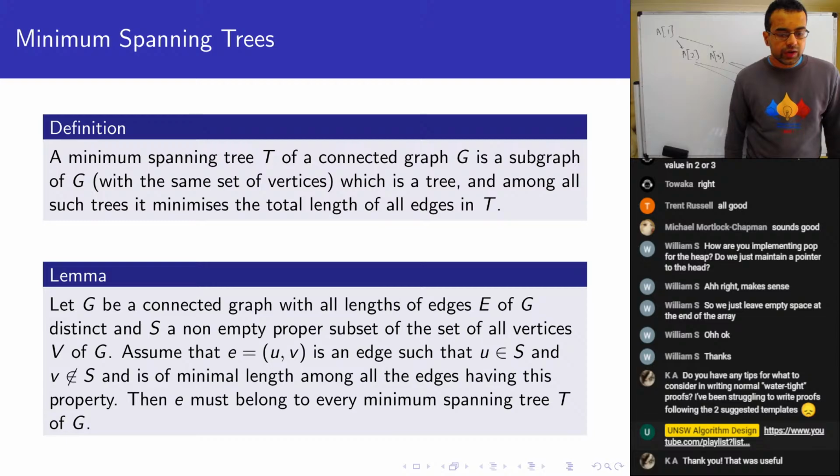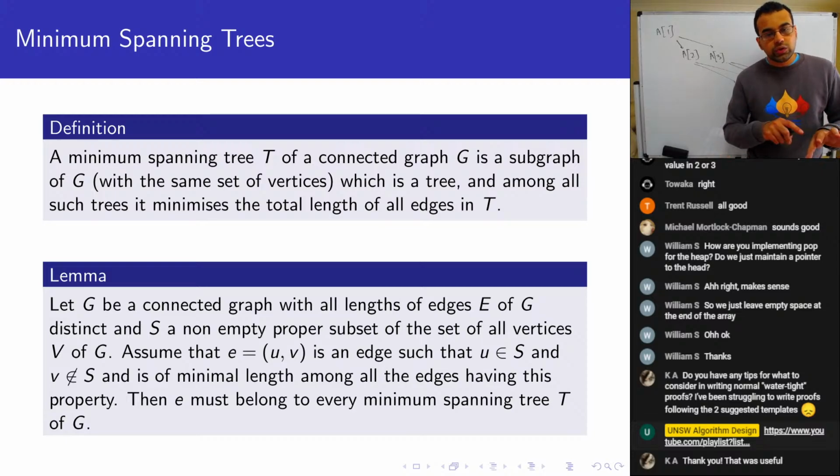First, we're going to propose a fact about minimum spanning trees, and then we'll use this to develop our algorithm. So our lemma here will be that if I have a connected graph where all edge weights are distinct, then say we have some subset of vertices S. It's a non-empty proper subset, meaning simply that it has some but not all of the vertices.